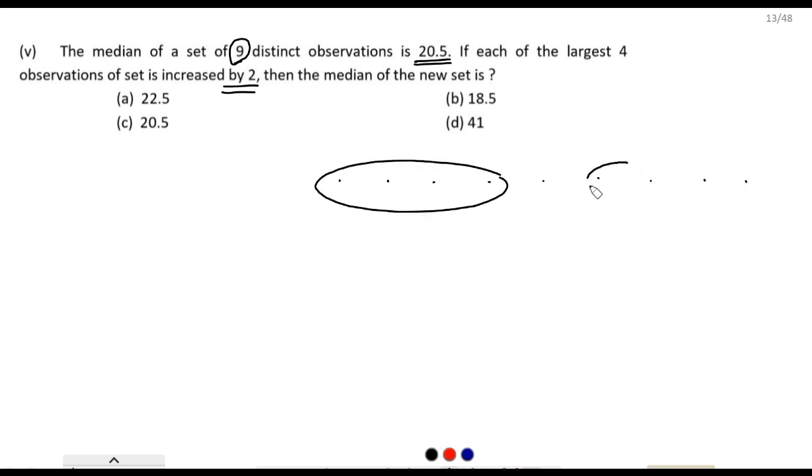The median of a set of 9 distinct observations, ये करेक्शन हमने क्वेश्चन पेपर में कर दिया है, 9 इसमें रह गया था, is 20.5. If each of the largest 4 observations of the set is increased by 2. There are 9 observations. If there are 9 observations, it means the fifth term will be the median.